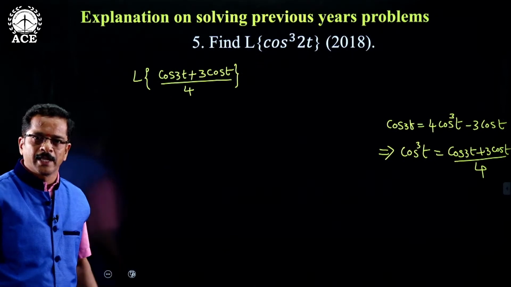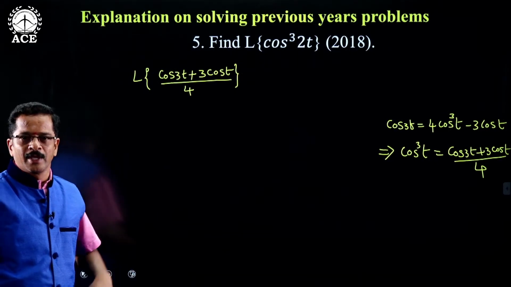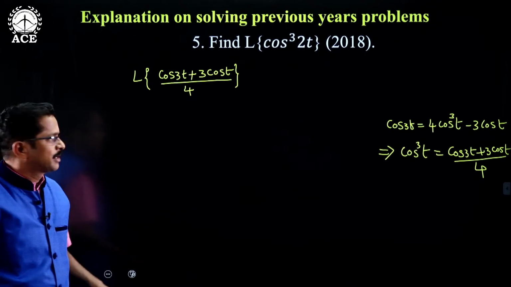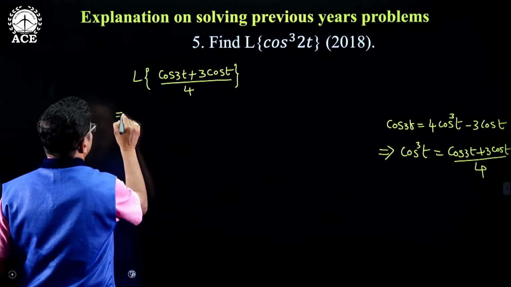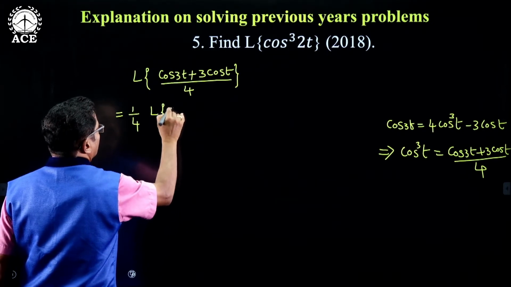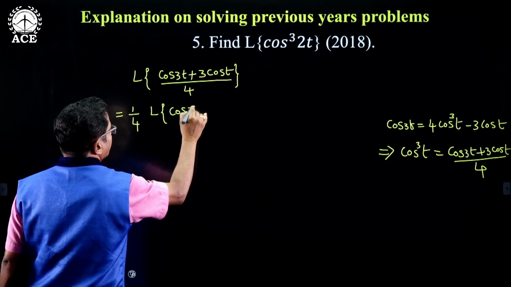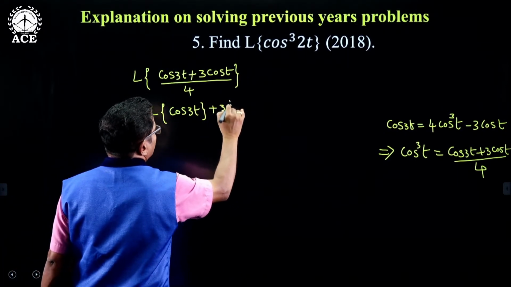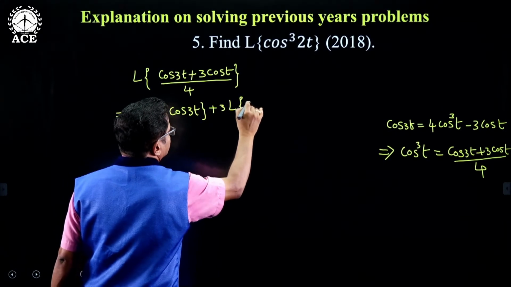Right. Again you apply the linearity property and take the elementary function formula. So which is equal to 1 by 4 L of cos 3t plus 3 into L of cos t.